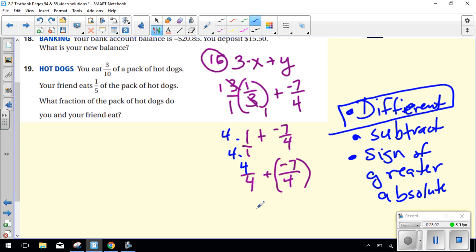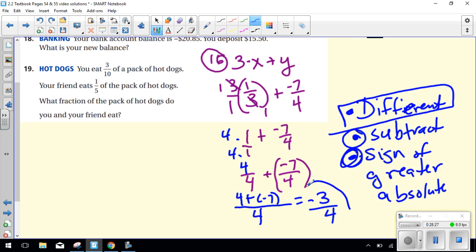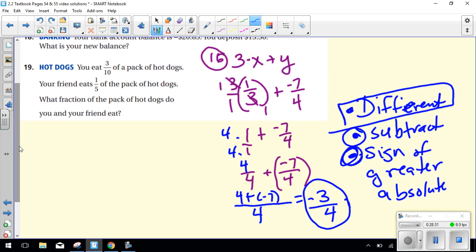My common denominator is 4, and my numerators are 4 plus negative 7. I subtract the smaller from the bigger absolute value, 7 minus 4, I get 3. Keep the denominator. Now let's figure out which sign I'm going to keep. 7 gives me a bigger absolute value, so my answer is negative. So my final solution is negative 3 over 4. There's number 16.